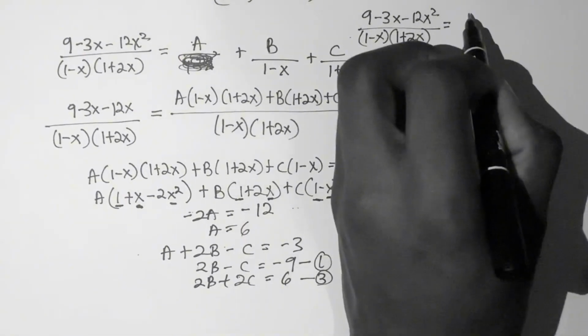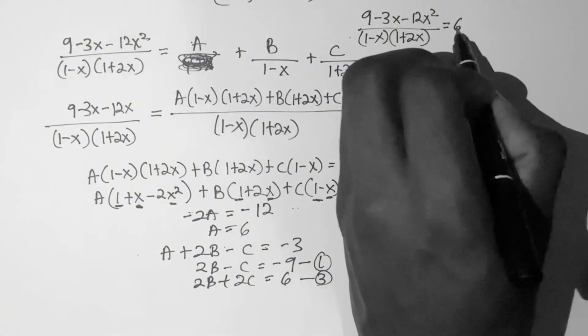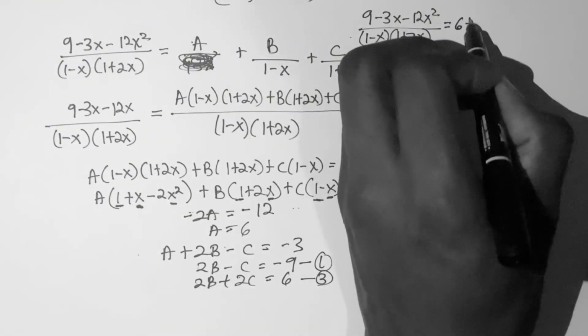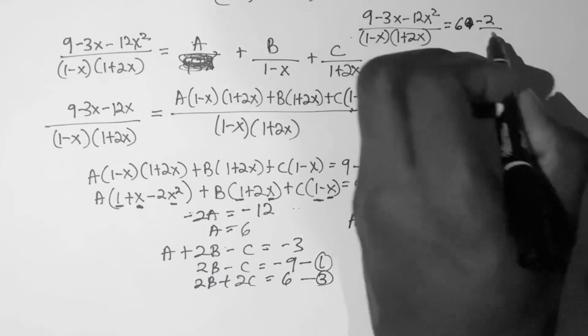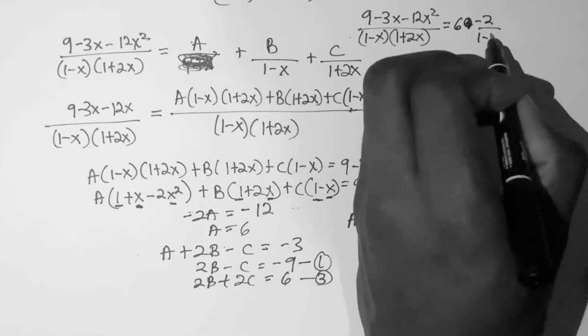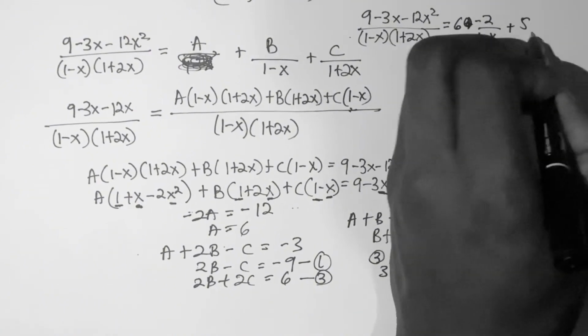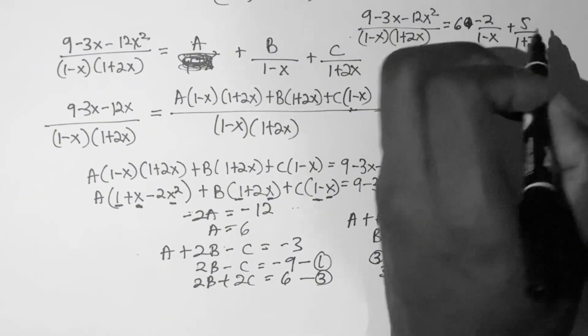A in this case is 6, so 6 plus b, which is minus 2, so 6 minus 2 divided by 1 minus x, then c is 5, so plus 5 divided by 1 plus 2x. So this is our final answer.